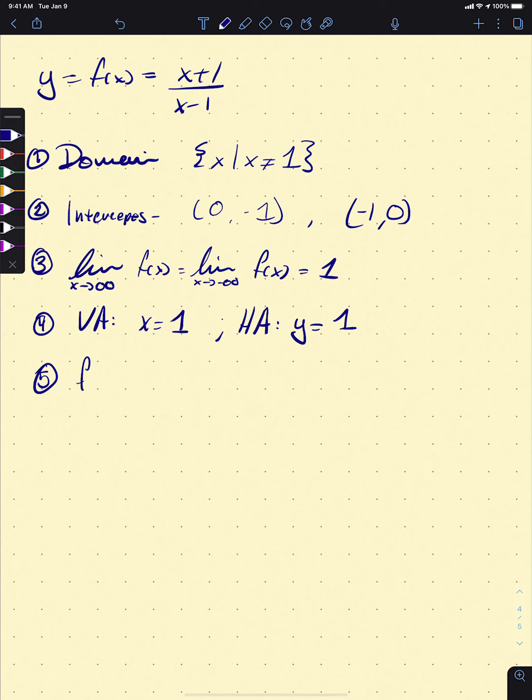And so we need to take a derivative. When we take a derivative, we have to use the quotient rule here. So we're going to get low d high, but the derivative of the top is just 1, minus high d low, but the derivative of low is just 1, over low low.